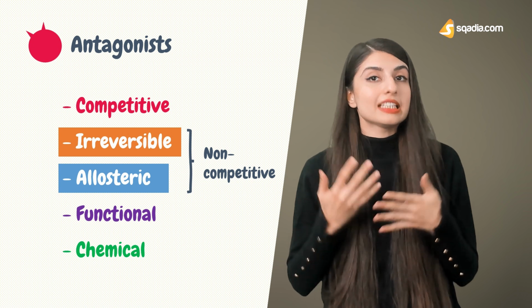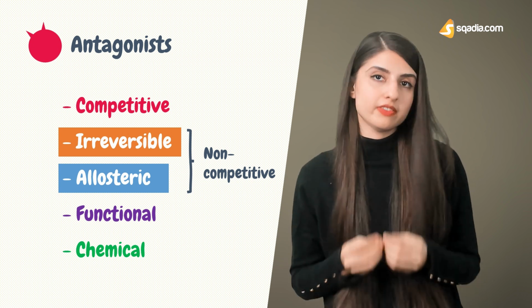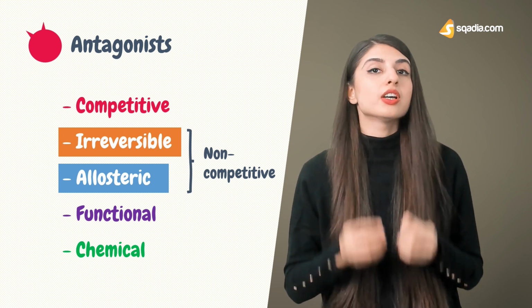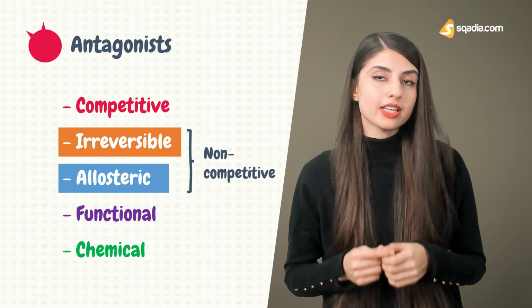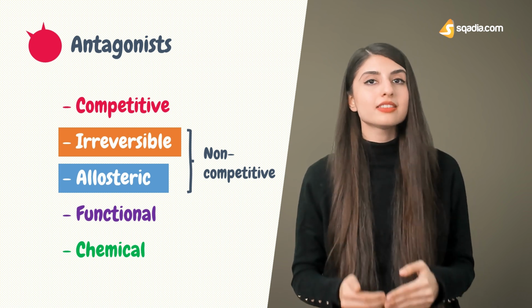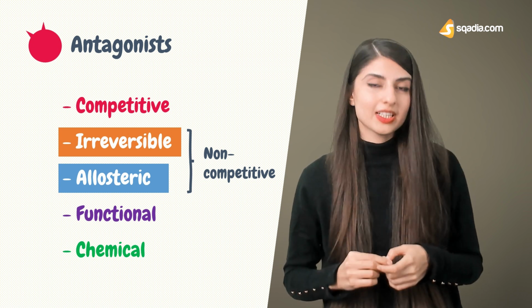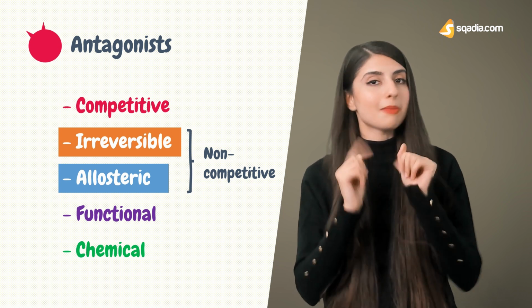That means that it increases the EC50 value. And non-competitive antagonists reduce the agonist efficacy. That is, they reduce the Emax. So competitive and non-competitive antagonists are the main types most books talk about.